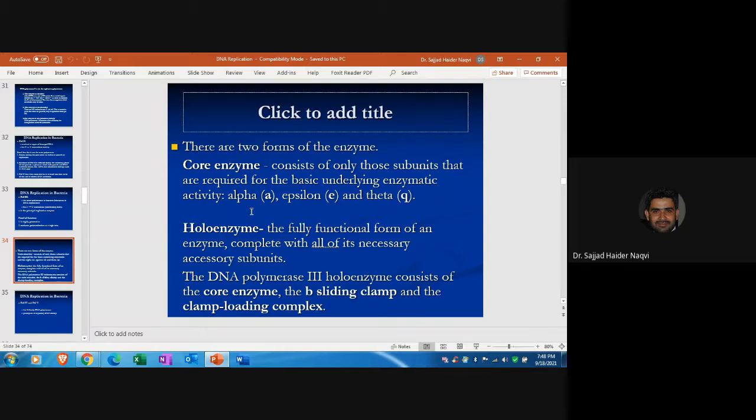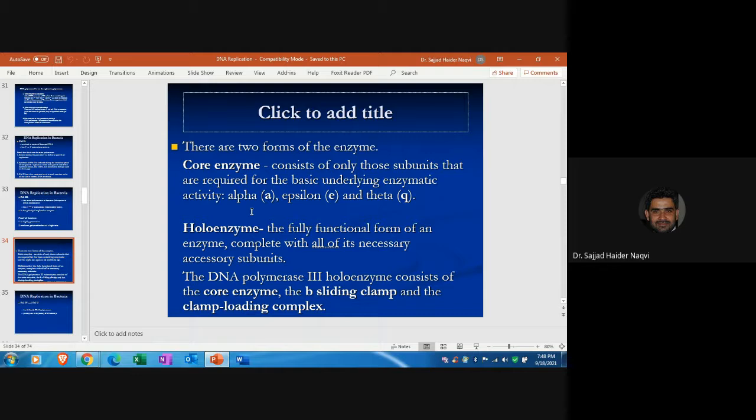Like, any enzyme has got a basic enzyme activity, or in other words, a reaction which it catalyzes. So the core enzyme is that part of the enzyme which has only those subunits which are integral part of its enzyme catalyzing reaction, like alpha, delta, theta, epsilon, etc. These are the names of small subunits which make up the core enzyme.